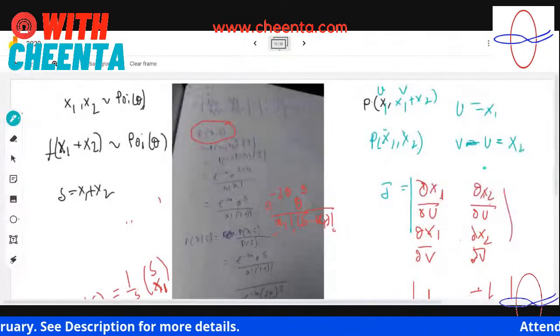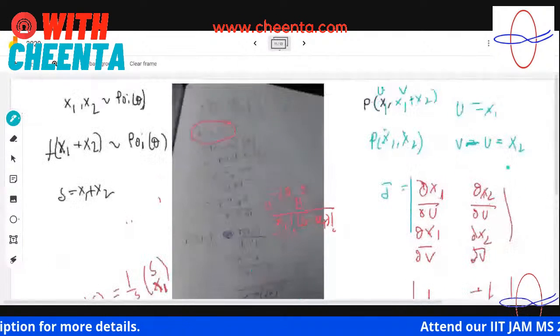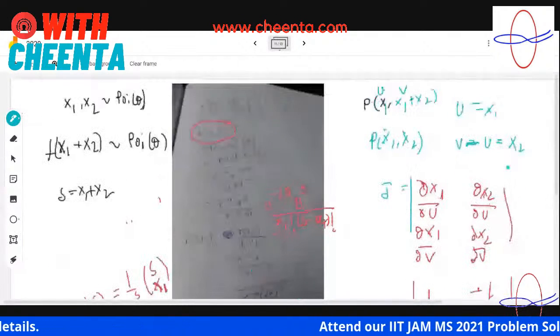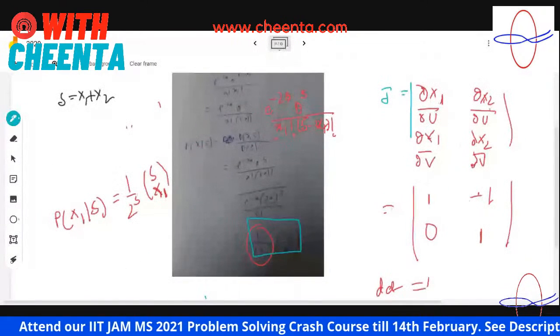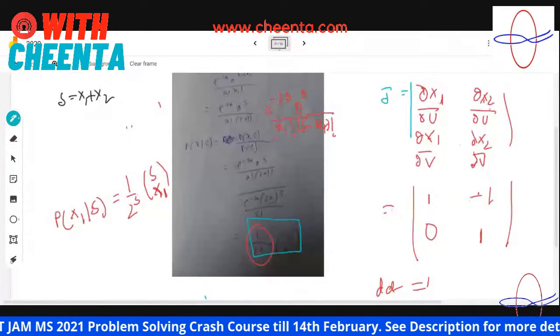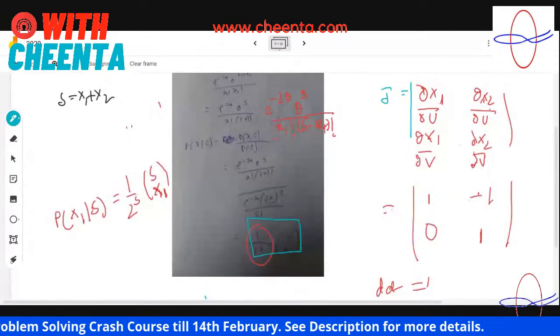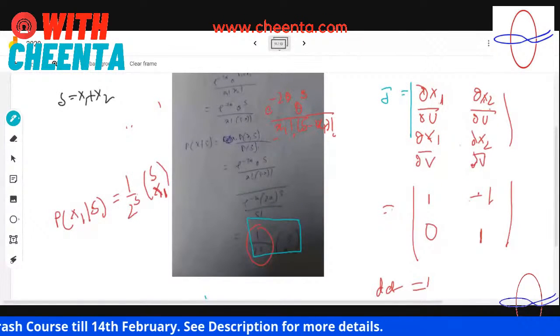I mean, is this really needed? I'm not sure. So from x1 plus x2 we need to find a Poisson. Let's see Hemant's solution once. So now let's see what we need to find.